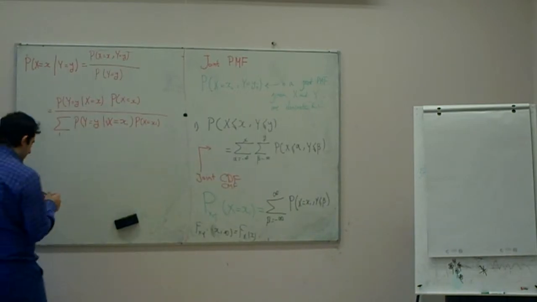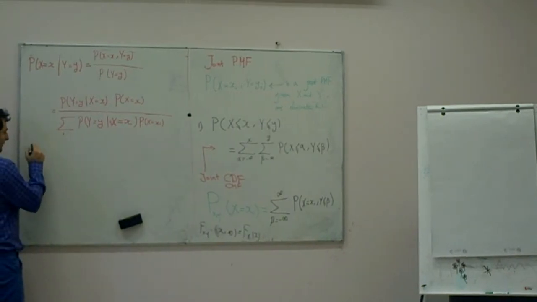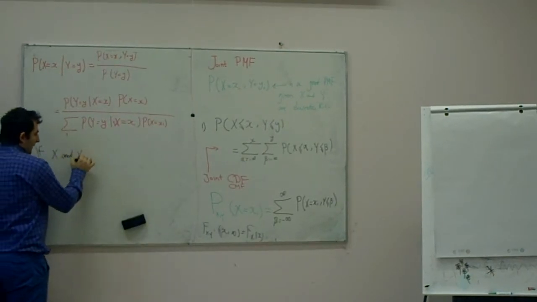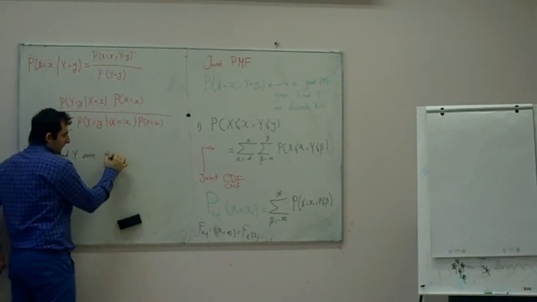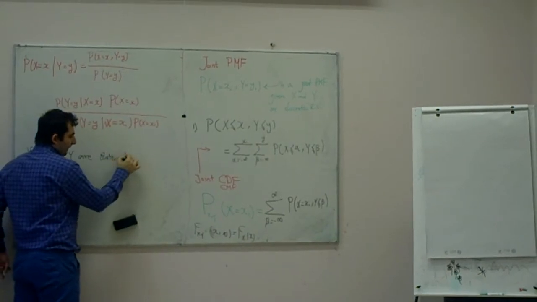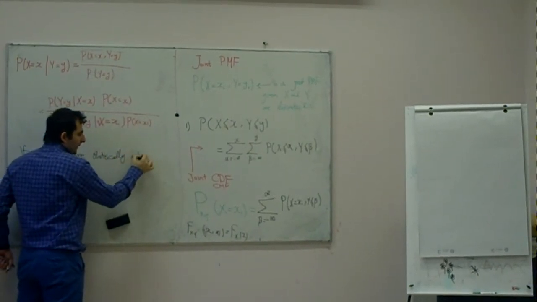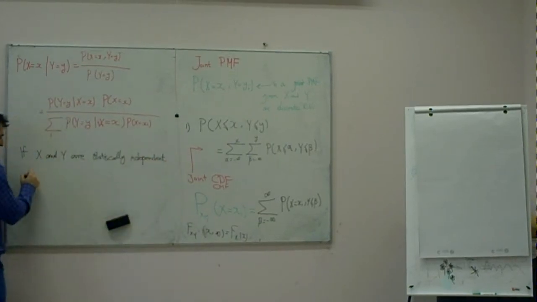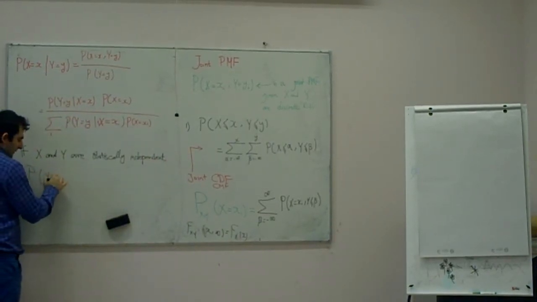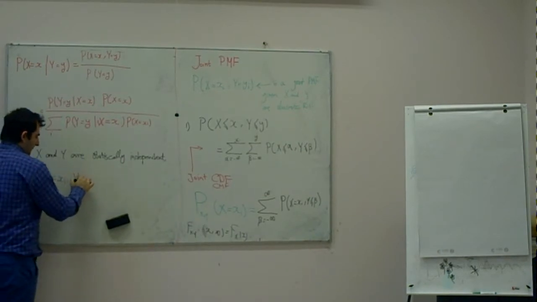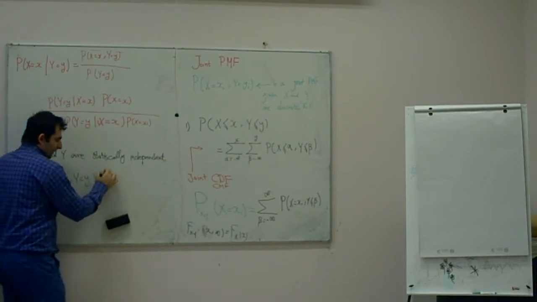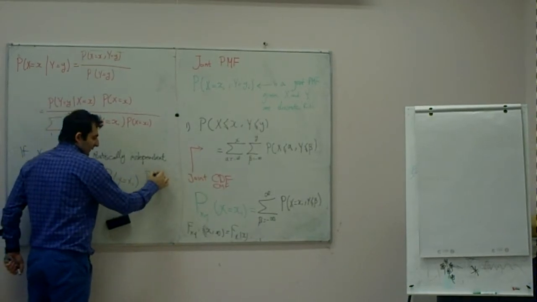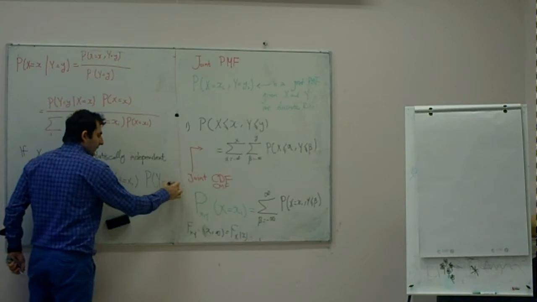In other words, for the discrete form, if X and Y are statistically independent, then the probability of X is equal to xi and Y is equal to yi is the probability of X is equal to xi multiplied by the probability of Y equal to yi.